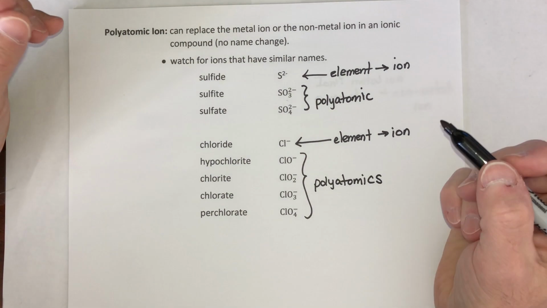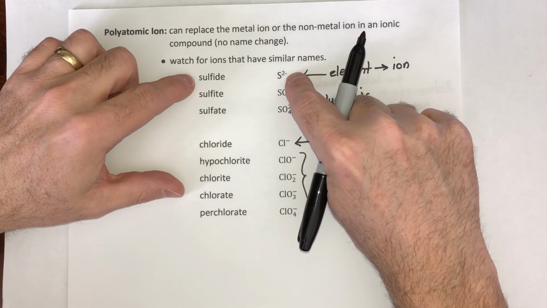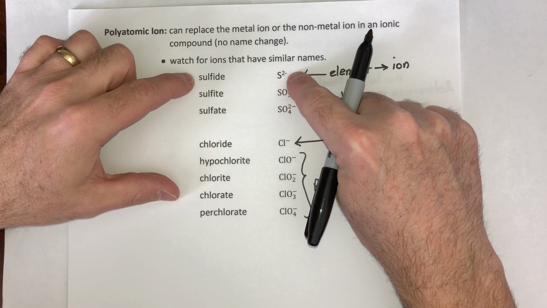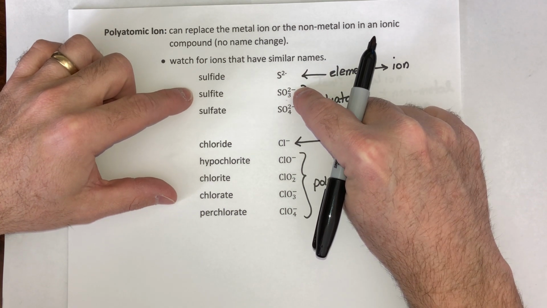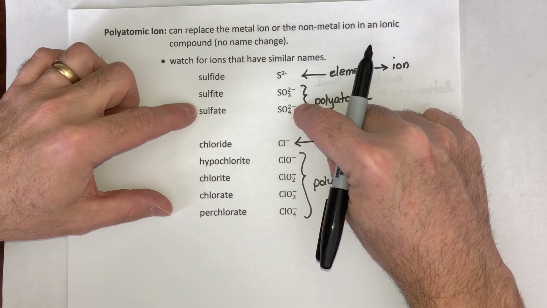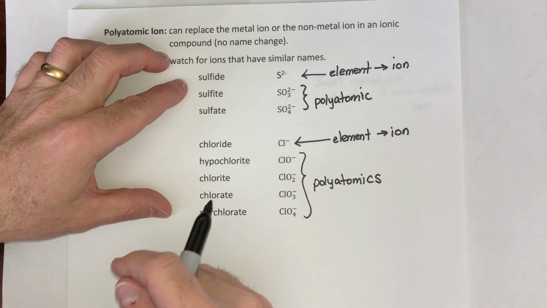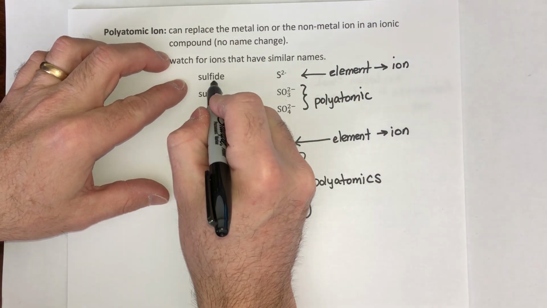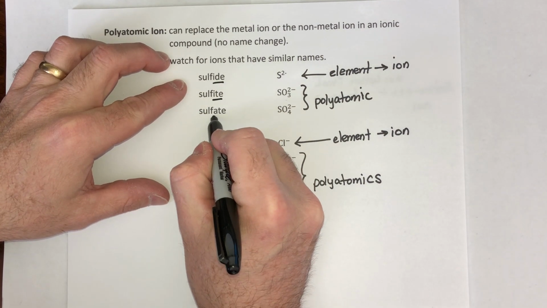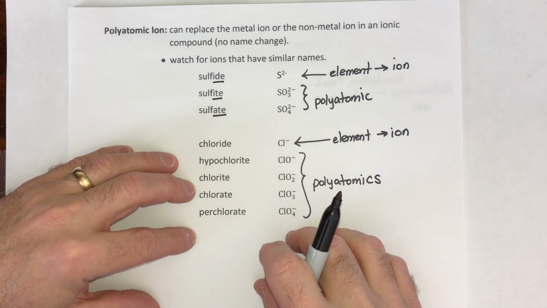But if you look, their names are very, very close, right? An S2- is a sulfide, SO3 2- is a sulfite, and an SO4 2- is a sulfate, right? They all start with the sulf beginning, but they all have different endings. You've got ide, ite, and ate. If you take a look at the next group, it's even worse, right?